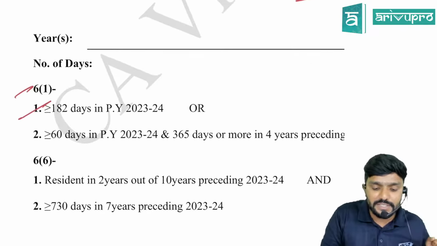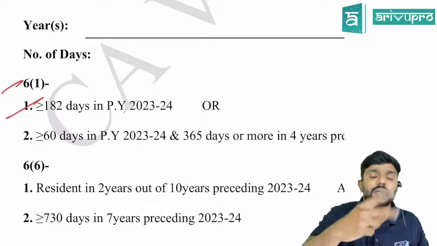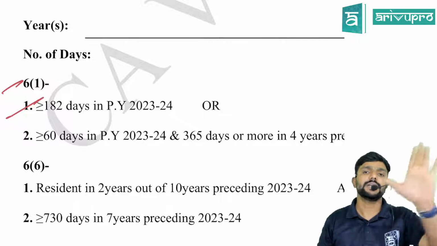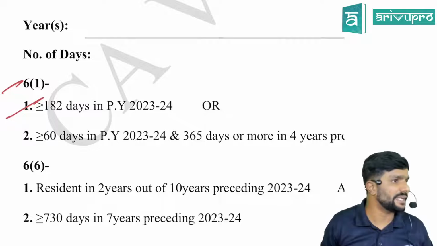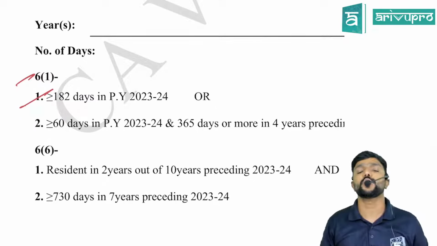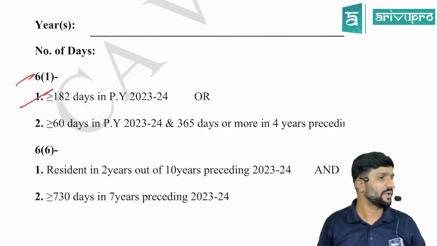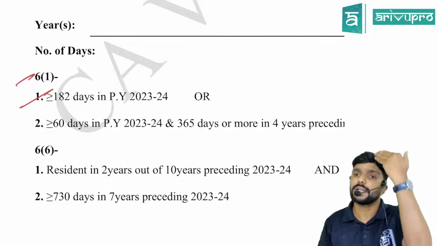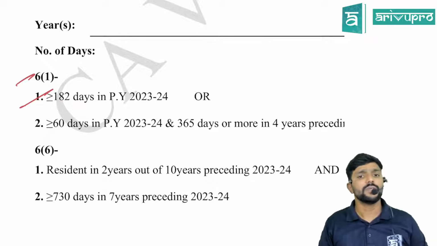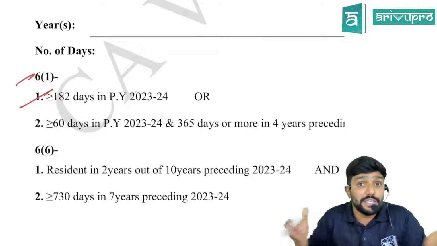Section 6 subsection 1 gives two conditions. Even if one condition is satisfied, that individual is resident in India. Sir, what is the first condition? 182 days or more during the previous year. Exactly 182 is also fine. Now, sir, should this 182 be continuous?